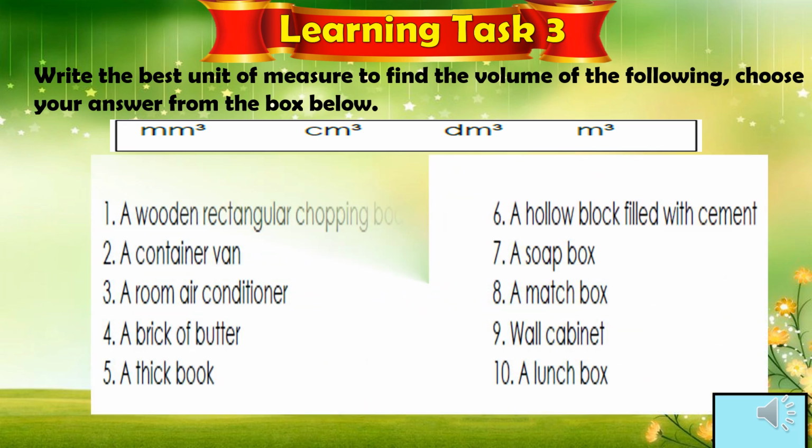Then we have number 1, a wooden rectangular chopping board; 2, a container van; 3, a room air conditioner; 4, a brick of butter; 5, a thick book; 6, a hollow block filled with cement; 7, a soap box; 8, a matchbox; 9, wall cabinet; and 10, a lunch box.